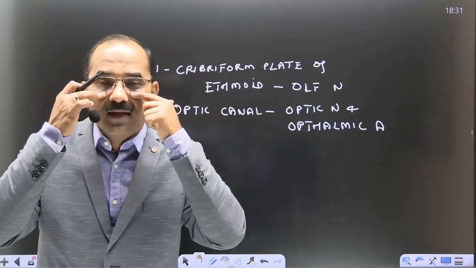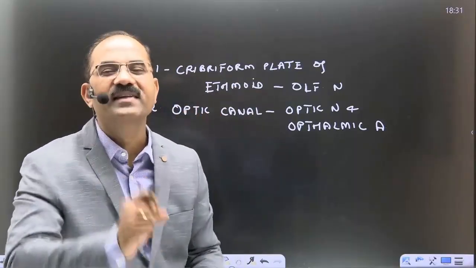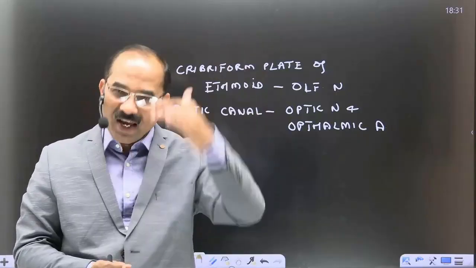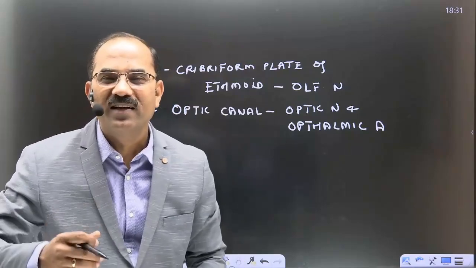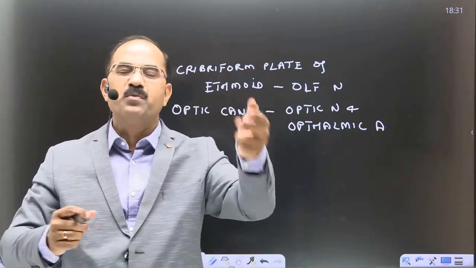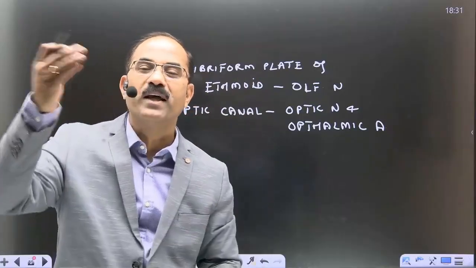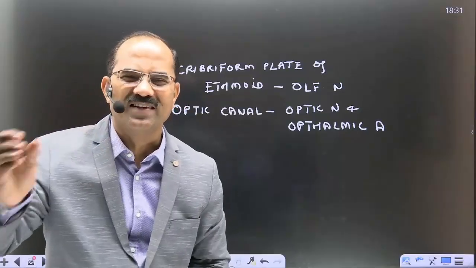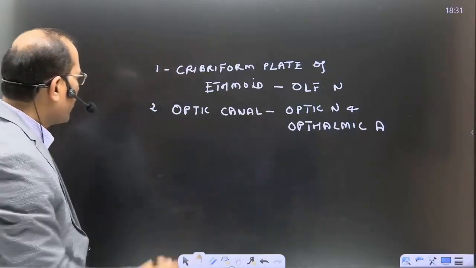So at the medial angle of the eye there's an anastomosis between the external carotid and internal carotid. Which branch of external carotid? Facial. Which branch of internal carotid? Ophthalmic. Which branch of facial? Angular, a continuation of the facial. And which branch of ophthalmic? Dorsal nasal branch. Perfect. Very good. You're all very good students. Excellent.